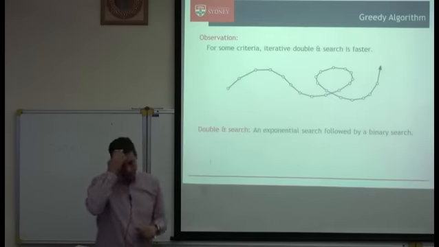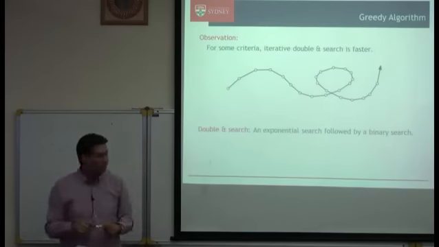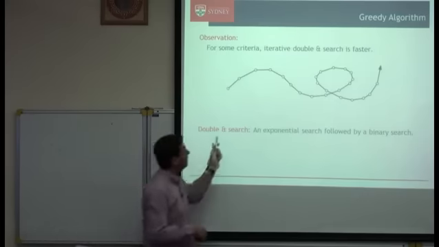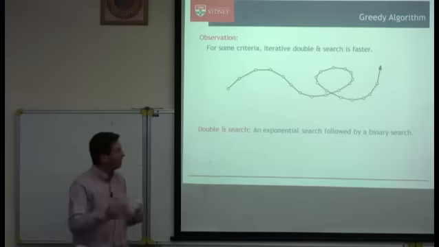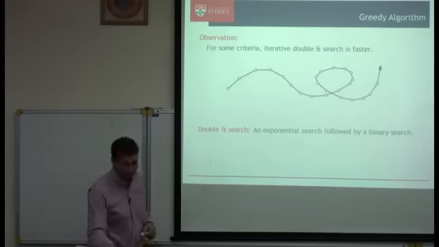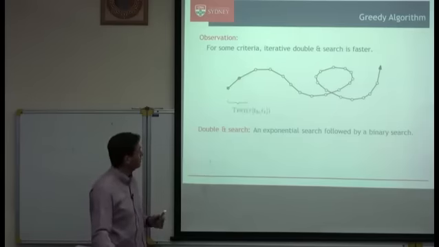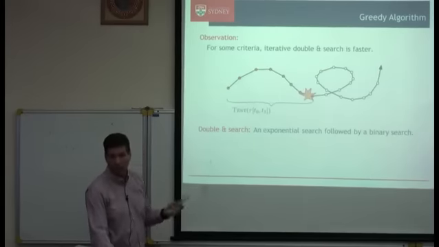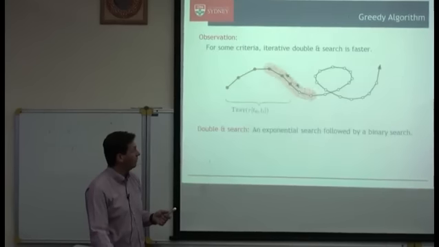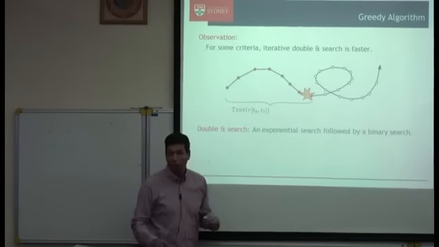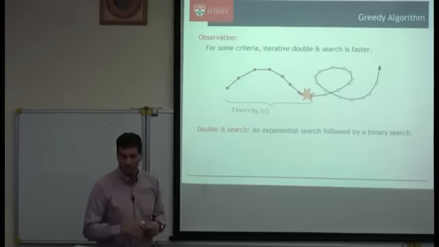In some cases, it might be better to do some kind of binary search. So I just exponentially double. I do my search first of one segment, then two segments, then three, then I double, and I double. And when I find a miss, then I do binary search in that interval.